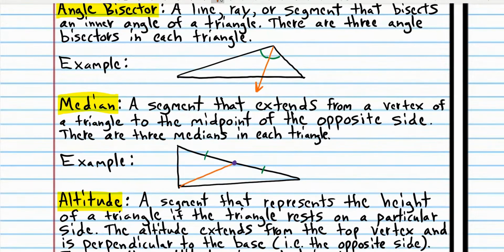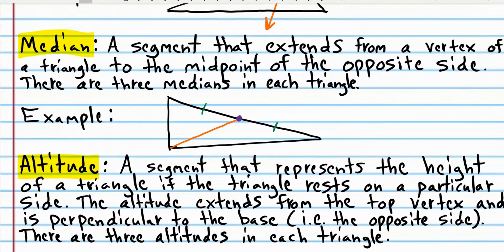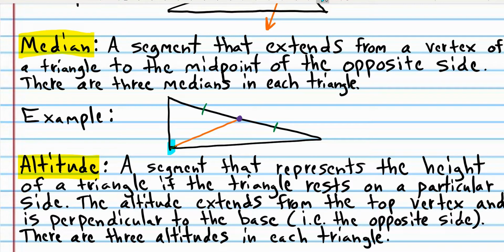But we're going to learn something new. We're going to learn something called a median. A median is a segment that starts at a vertex of a triangle and goes to the midpoint of the opposite side. And it's important to understand a median is only a segment. So this is the median for that side, and we have another median start at this corner and go to the midpoint of that side.